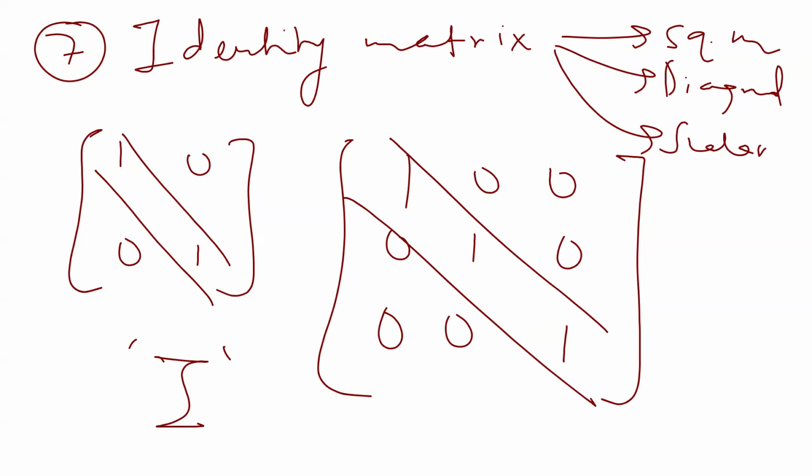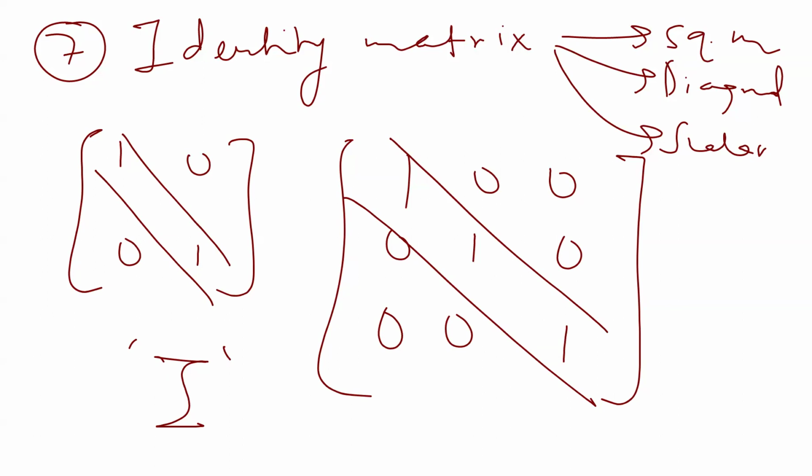Identity is scalar, diagonal, square, all three categories, but it's a very specialized scalar because the diagonal element is one. So it is scalar as well as identity.